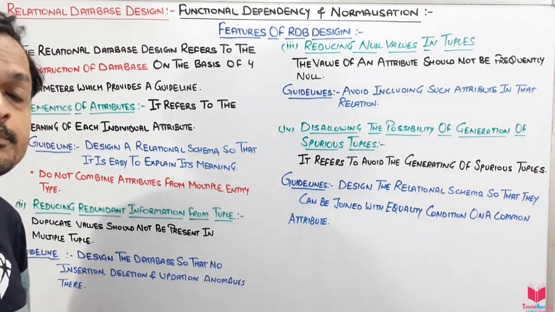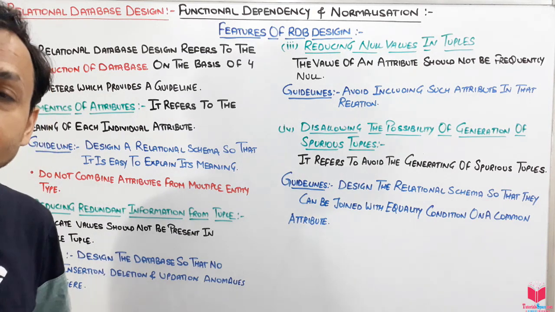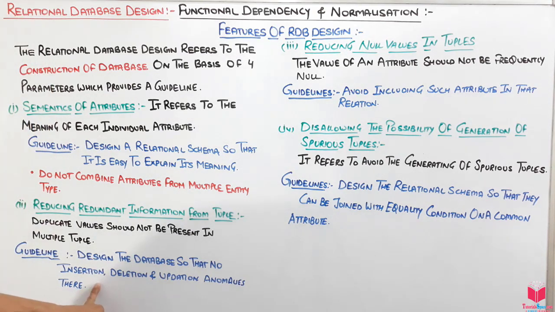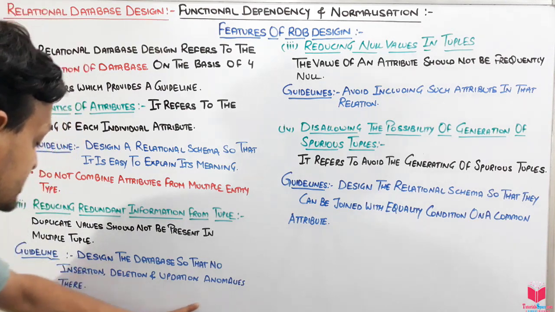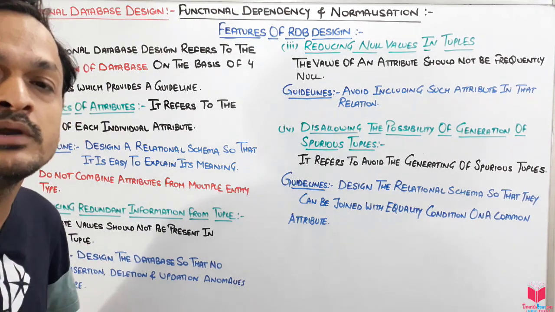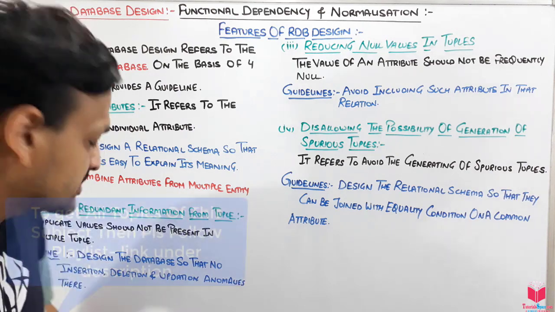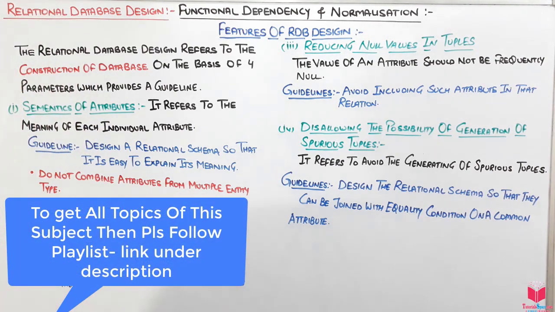This is the main problem while making a database. If there are redundant values, we can have problems inserting, deleting and updating records in that table. We will discuss these different anomalies completely.